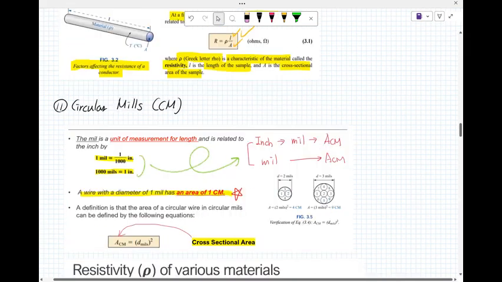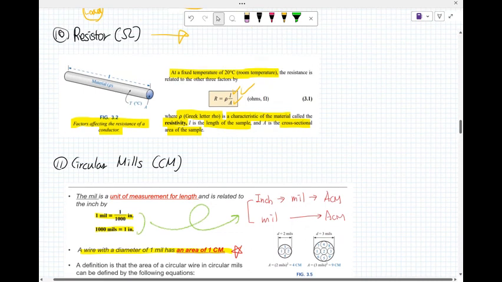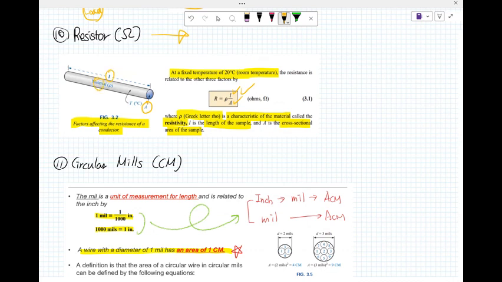To calculate R, we need to understand the four main factors that affect resistance: the cross-sectional area of the conductor, length, material characteristic, and temperature. But usually temperature is room temperature, 20 degrees, so it can be calculated by this equation.